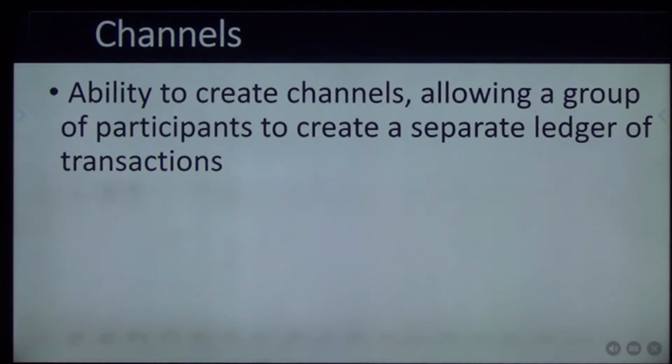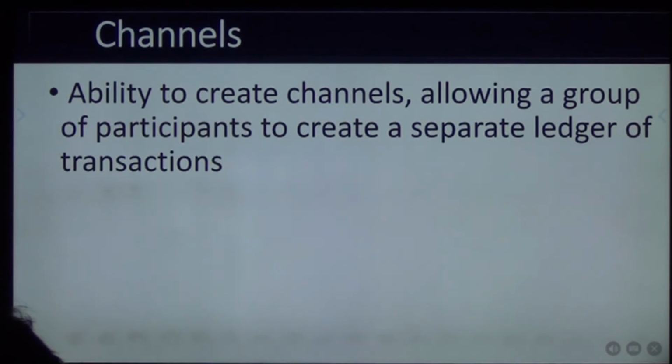So channels हैं, you can group a network or you can partition a network into different channels. If you want privacy, that things happening here must not be known to these people, though they are part of just one blockchain. So you create different channels, so different subgroups. You partition the network into subgroups, and you create channels, allowing a group of participants to create a ledger.